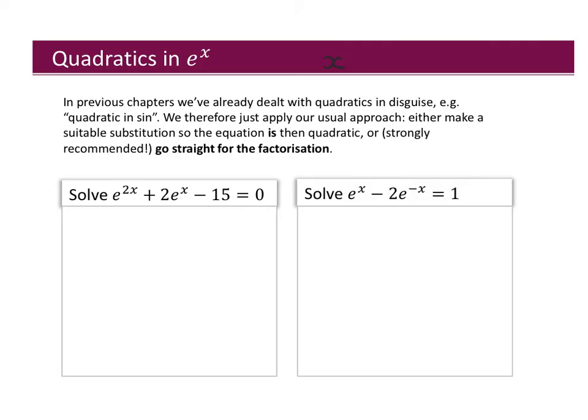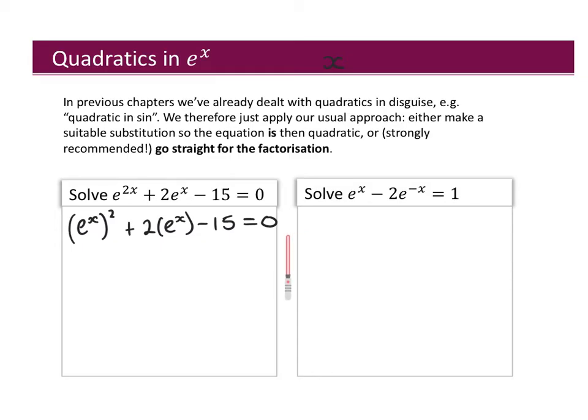It's an unknown quantity, because here, e to the power of 2x, using laws of indices, we could write that as e to the power of x squared, plus 2 lots of e to the power of x, minus 15 equals 0. Now this should look very similar to something squared plus something minus a number equals 0. What do we think? Quadratic equation. This is how we should see it, okay?